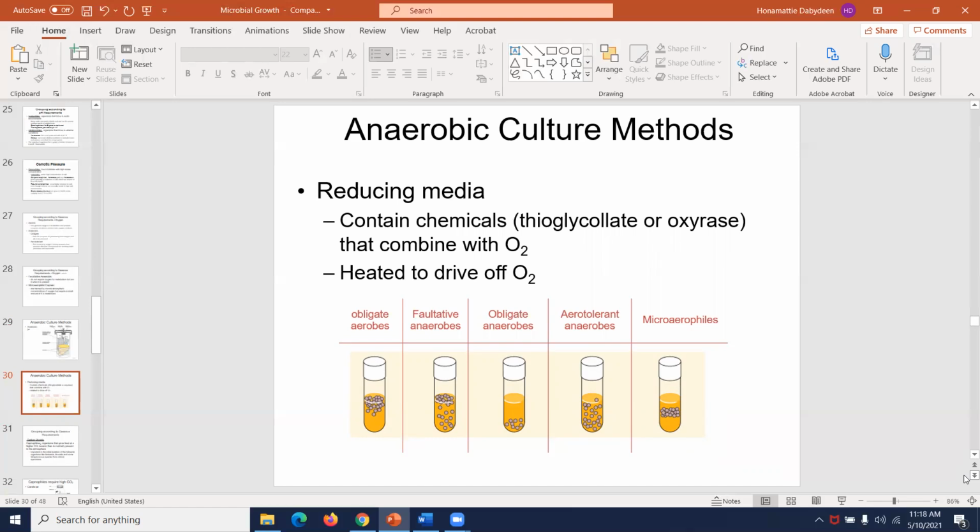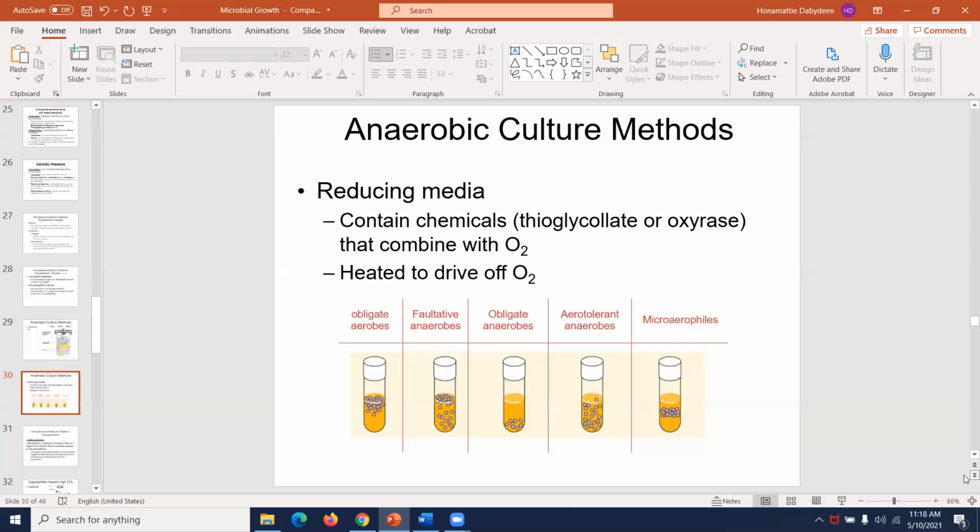But if we put a reducing agent in this medium, and remember we talked about reducing agents in the second lecture, reduction means, by one definition, to take away oxygen. So the reducing agent is in the medium to take away the oxygen.